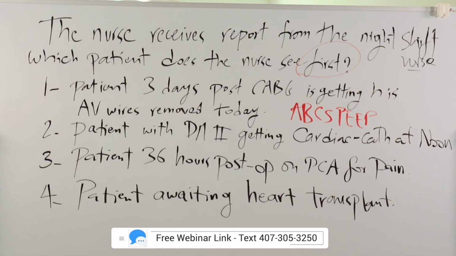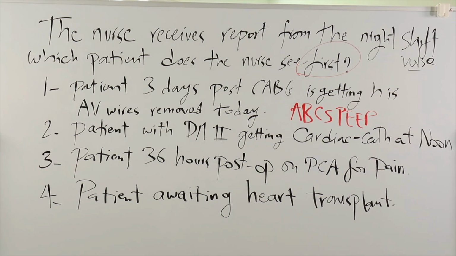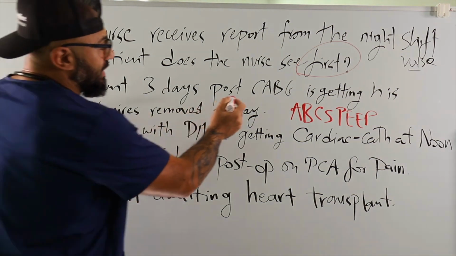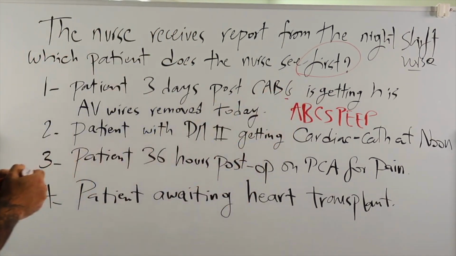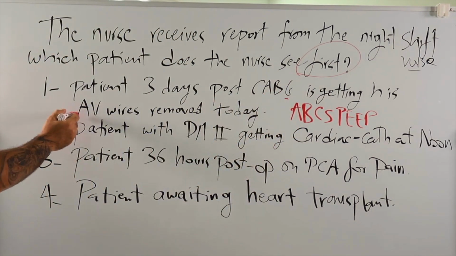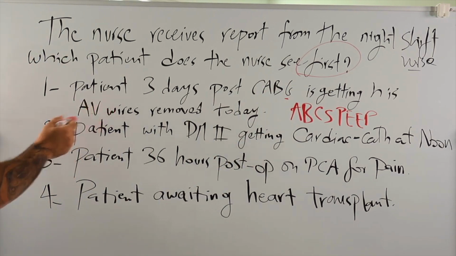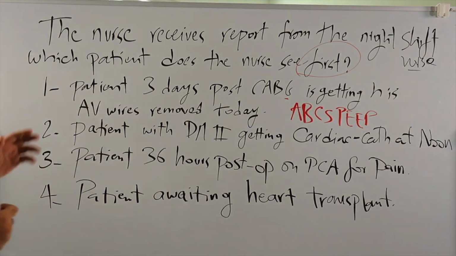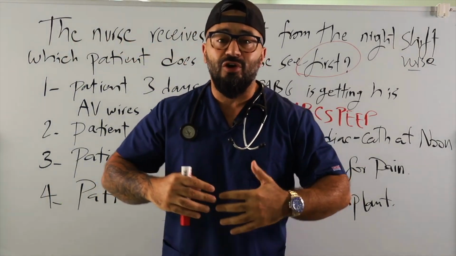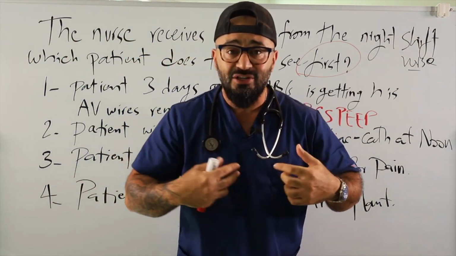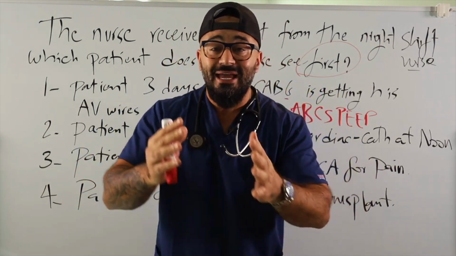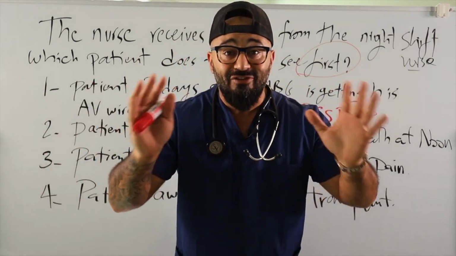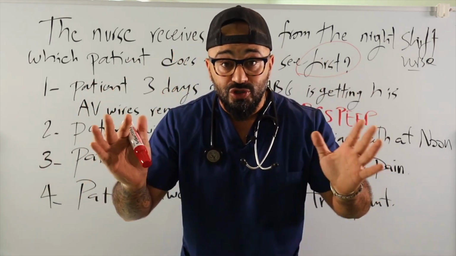So option number 1. Patient 3 days post CABG. CABG is coronary artery bypass graft, all right? Is getting his AV, atrial ventricular wires, removed today, all right? So when a patient goes for CABG, which is bypassing the coronary arteries, that patient will stay in CSU or whatever critical care area they're supposed to go to, right?